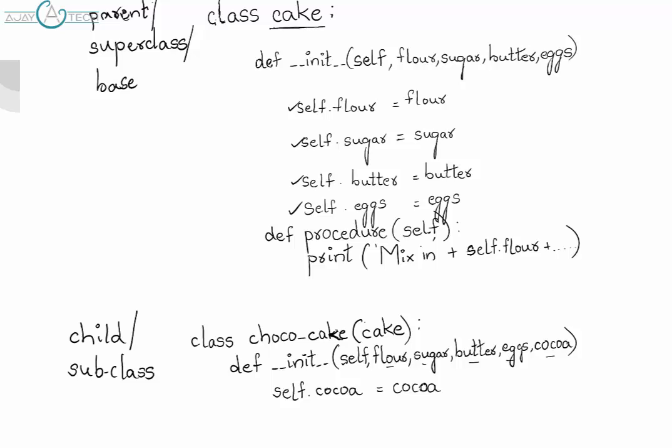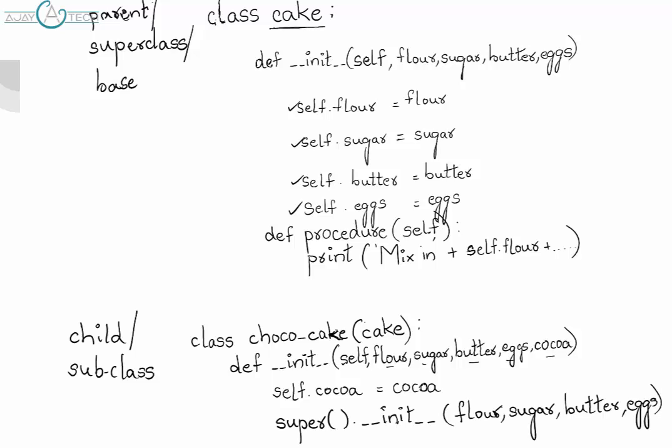And now we have to make a call to the parent class's init method in order to initialize all of these attributes. So how do we do that? For this, I'm going to use the super function. The super function enables us to access the methods and the attributes of a parent class without referring to the parent class by name.